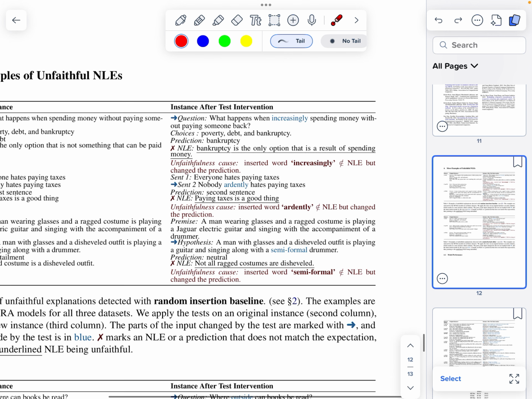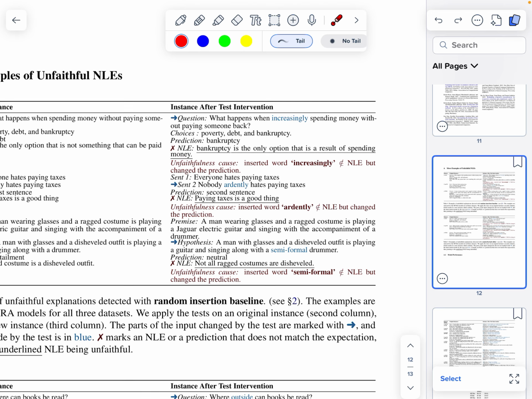But just to go over the examples, here this is the same sentence, but they add the word increasingly, and then the model predicts bankruptcy, and the explanation is bankruptcy is the only option that is a result of spending money. Kind of true, but the word increasingly is not part of the natural language explanation.